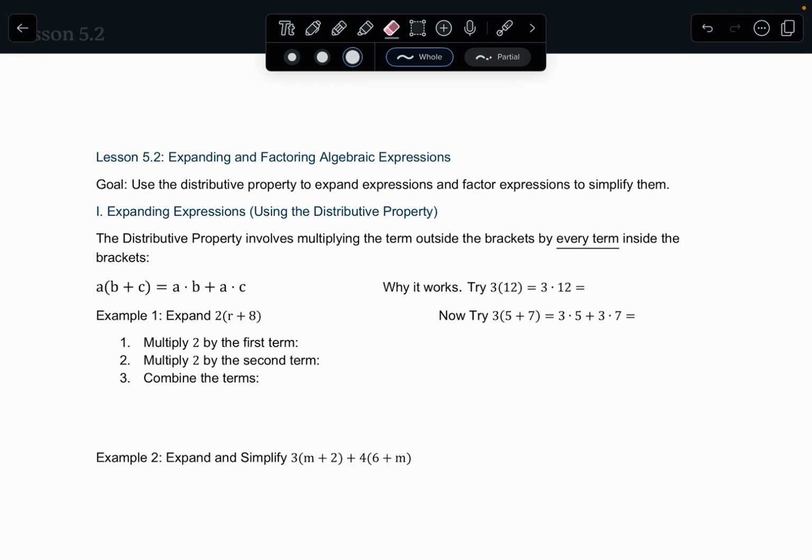So the first, expanding expressions using the distributive property. The distributive property involves multiplying the term outside the brackets by every term inside the brackets.